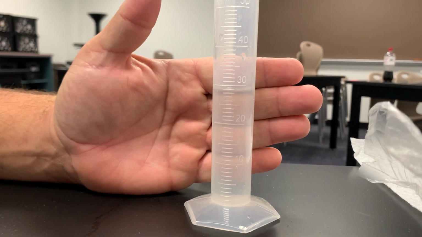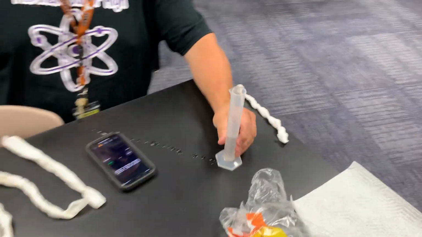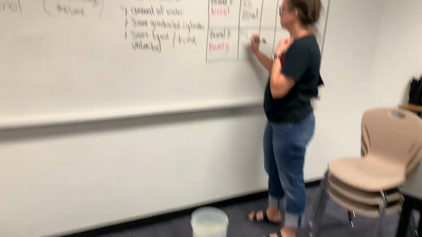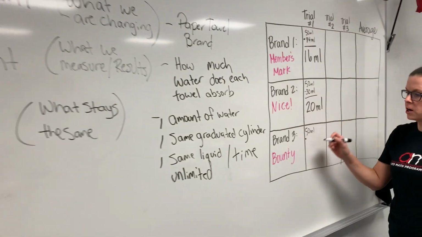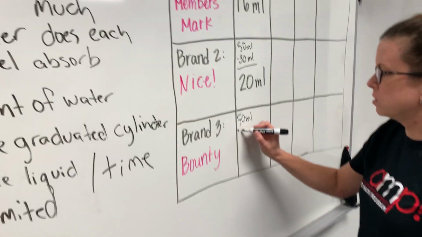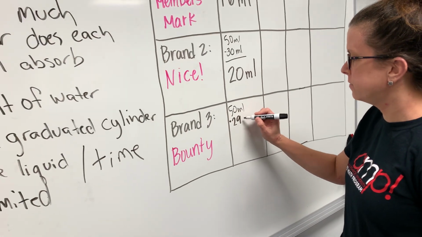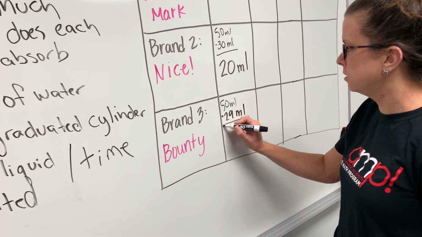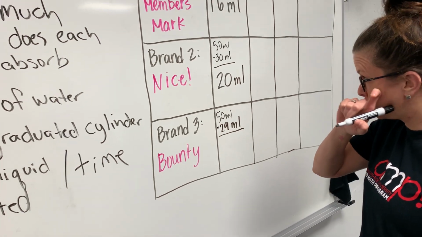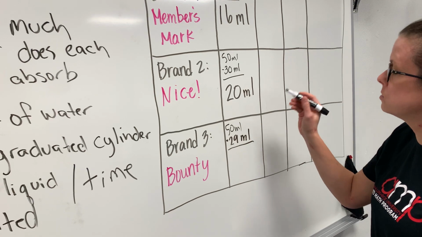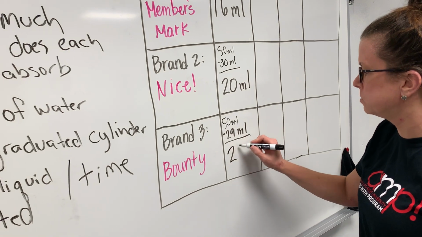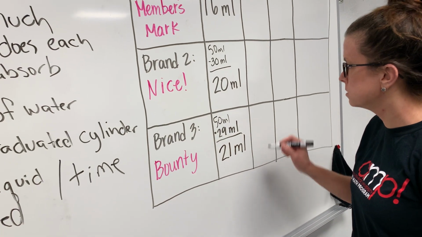So that is 29 milliliters. Okay, so over on the chart, you add that to your first trial for brand 3. So there's 29 milliliters left in the graduated cylinder, so 50 minus 29. The first trial for Bounty absorbed 21 milliliters.